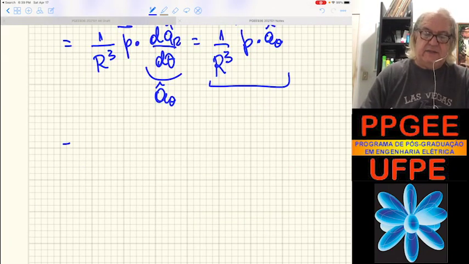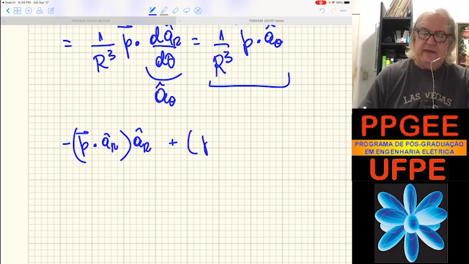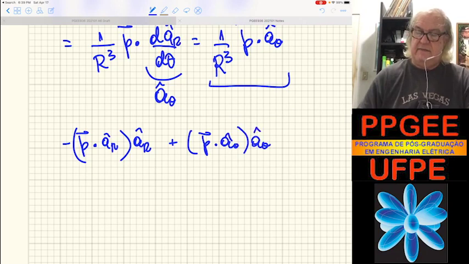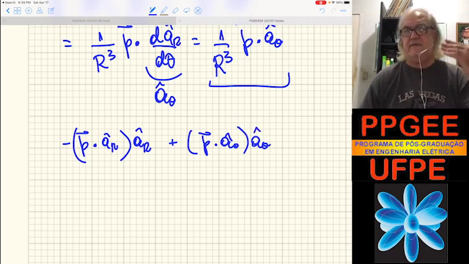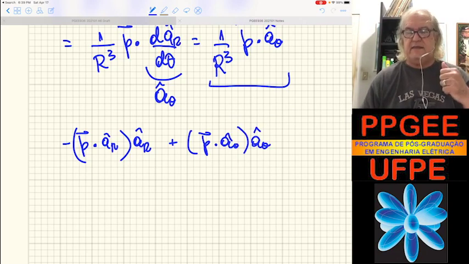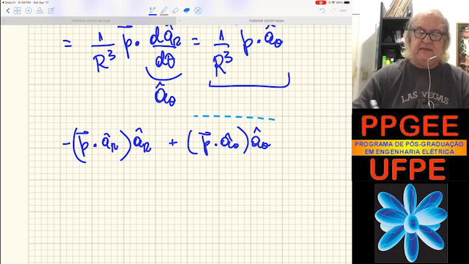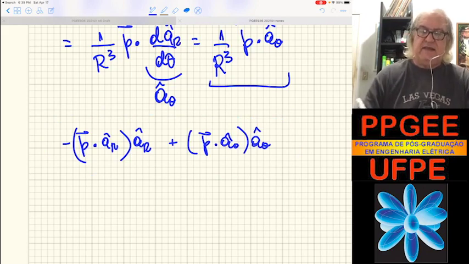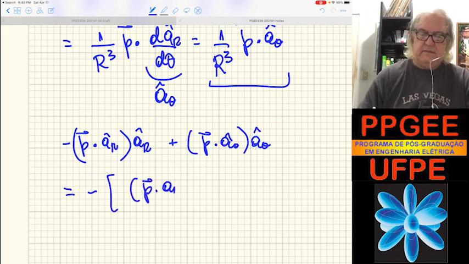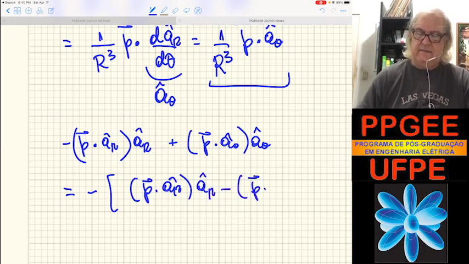So we're going to have minus P dot AR plus P dot A theta, A theta. So that's what happened. I summed P dot AR and subtracted, so we were left with this additional term here. Let me just work this out. Equals minus P A theta. Is this right?